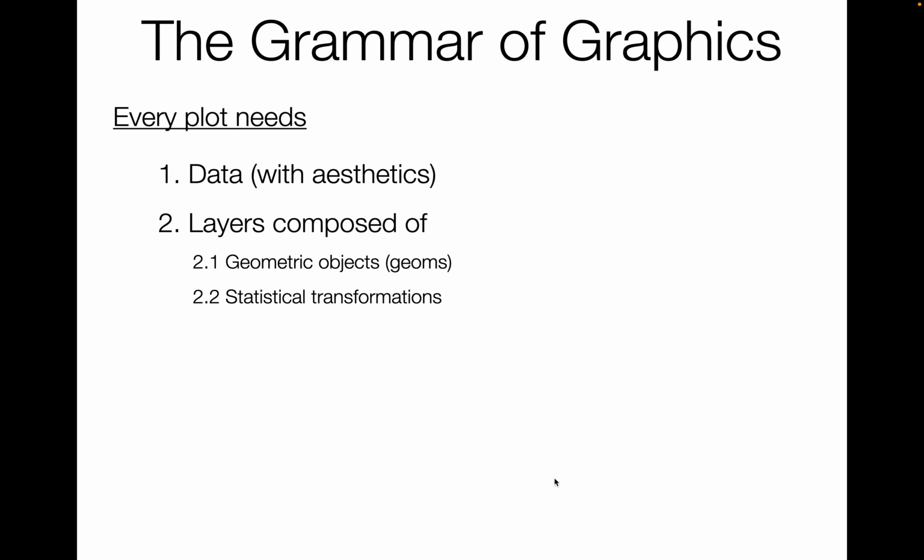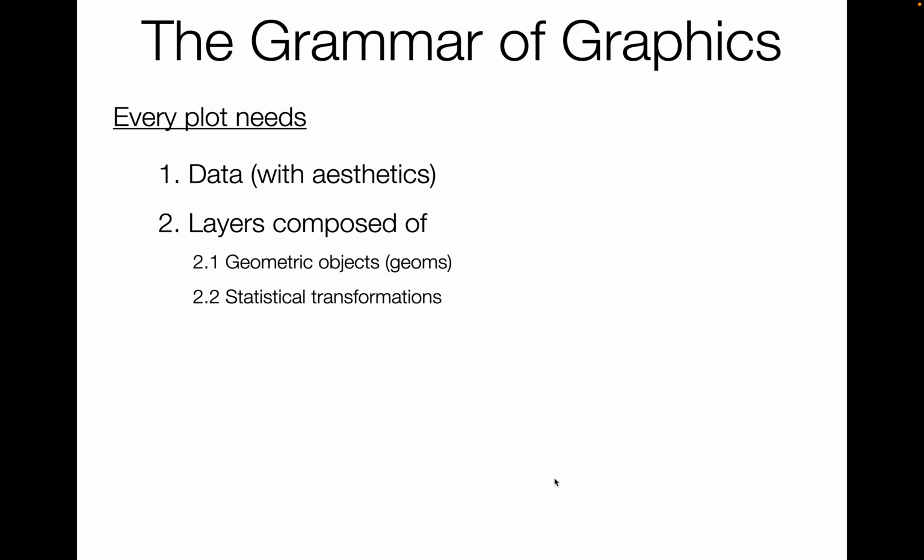Those are called geoms, and we're going to see geoms a lot. It might also be statistical transformations. So I might have data and I want to make a histogram. When you tell it you want a geometric object of histogram, it needs to know what to do to get that histogram.